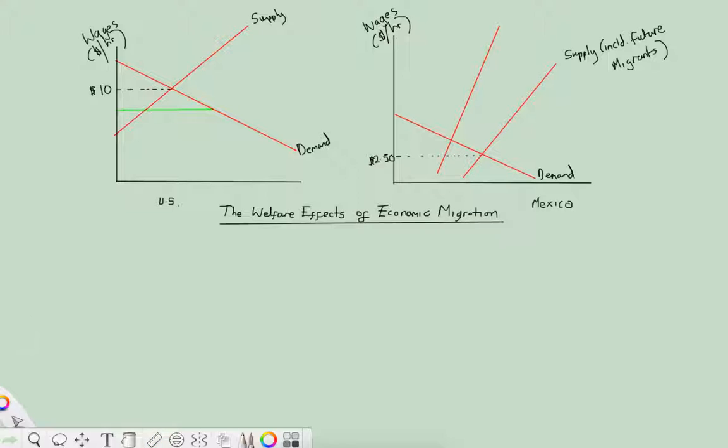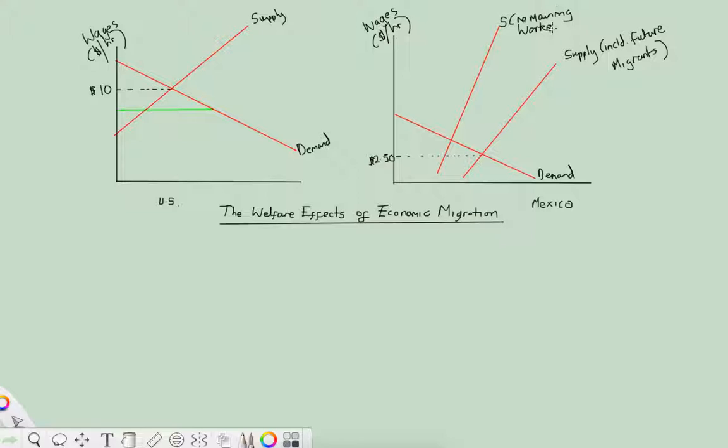So we'll call that the supply curve of the remainers, the people who stayed behind. And so the people between these two supply curves then are the migrants. They're in between these two curves, and I'll show that in a minute.